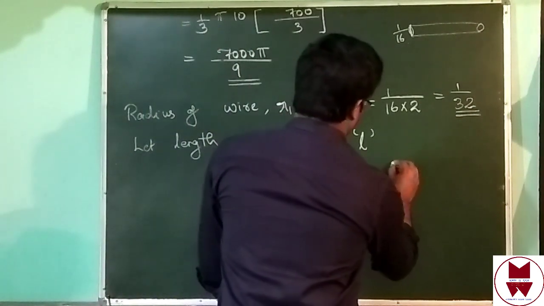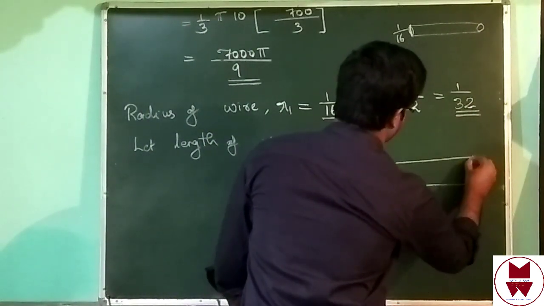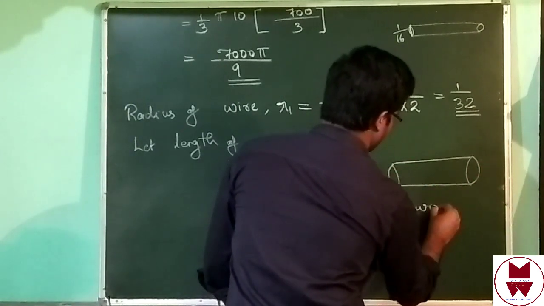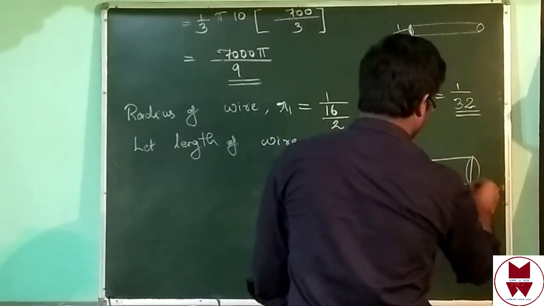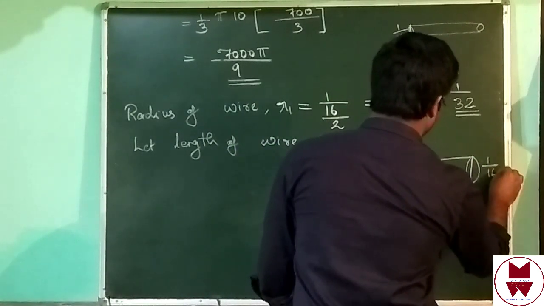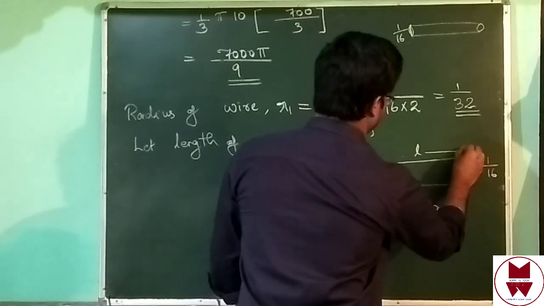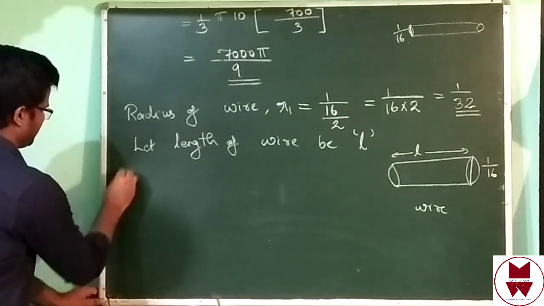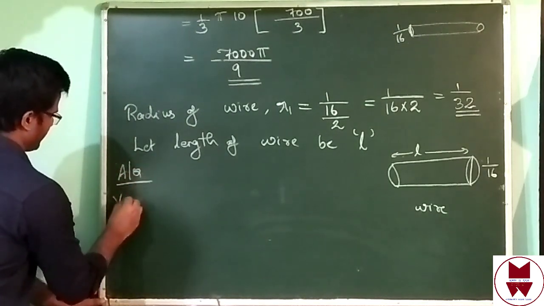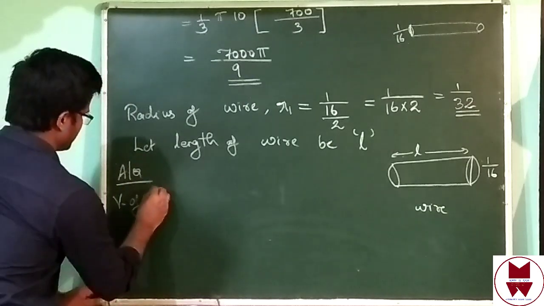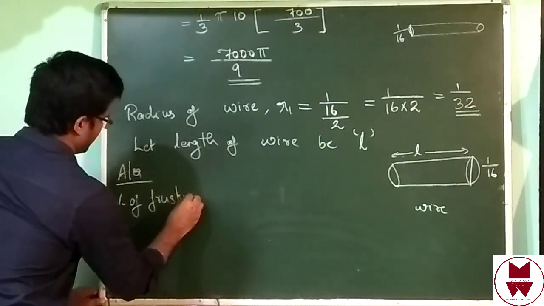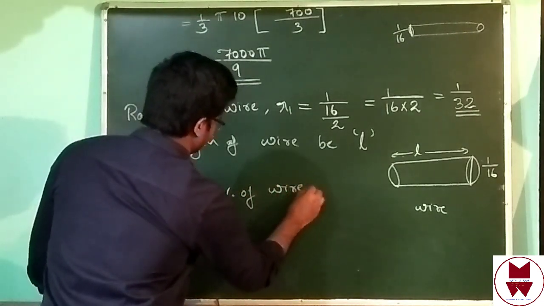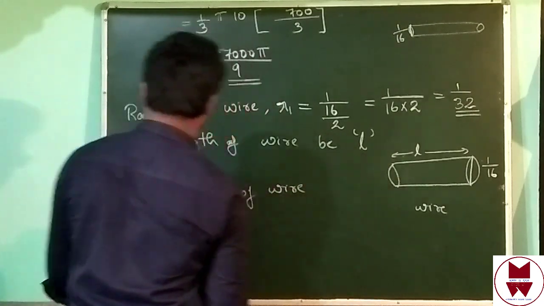Then on one side you can draw one figure, that wire figure, a small figure is the wire, and here the diameter is 1 by 16, then length L. Then as per the question, volume of frustum and volume of wire are equal.